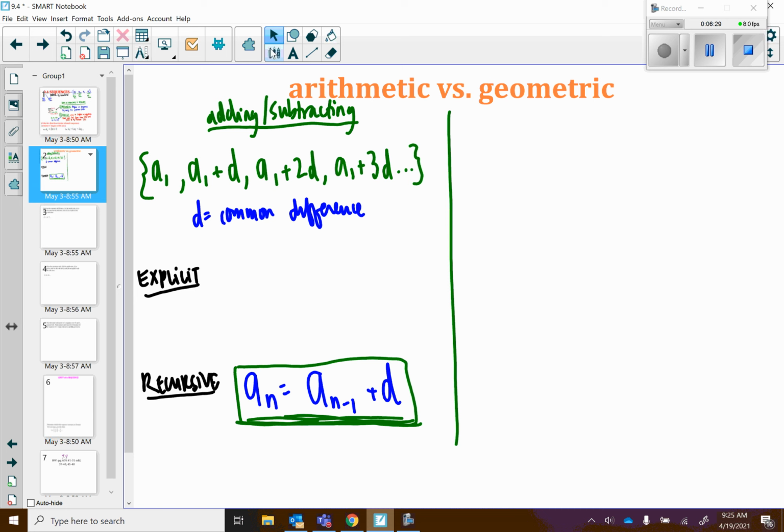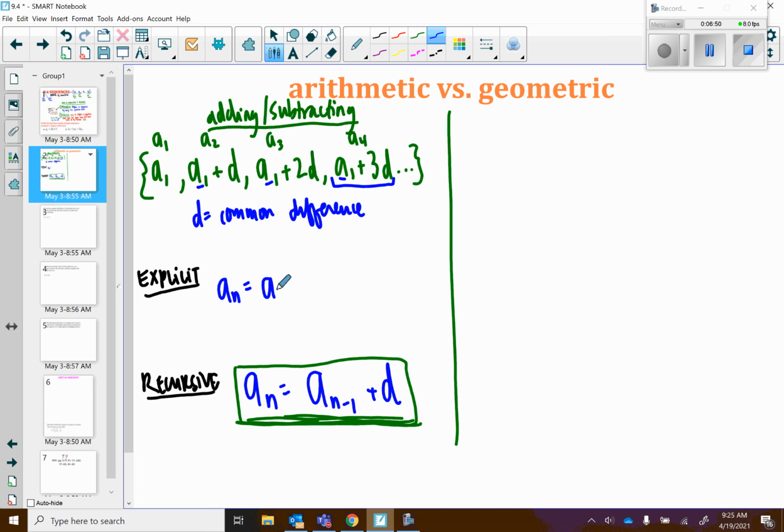What about an explicit definition? Well, to find our explicit definition, we could consider what we've got up here. So this is A1, this is A2, this is A3, A4. How could I write this to generalize it? Well, any term is equal to, notice that each of these terms has an A1 at the beginning.